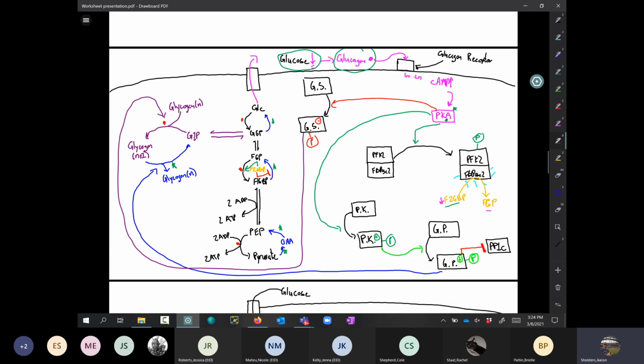That would include glycolysis because it's removing an activator of glycolysis and it's inhibiting glycogen synthase directly. It will also then activate things that will lead to the production of glucose in the liver so that it then can leave.